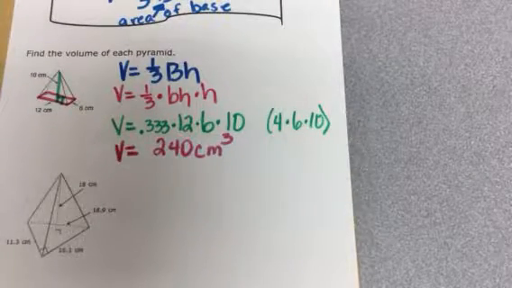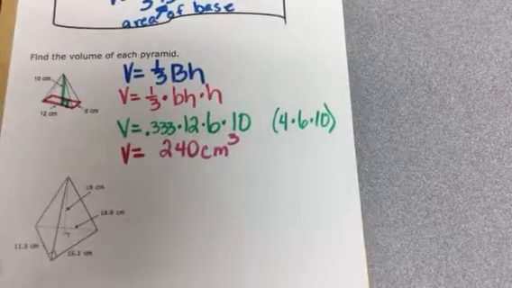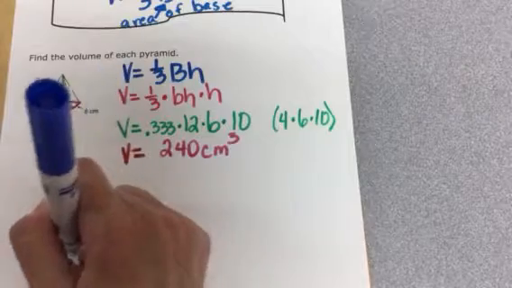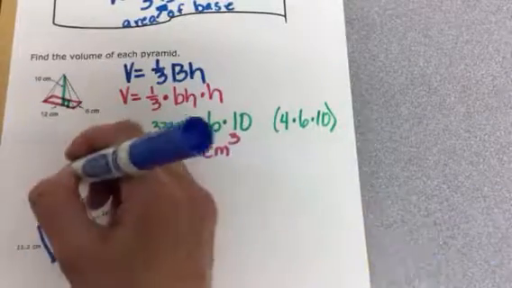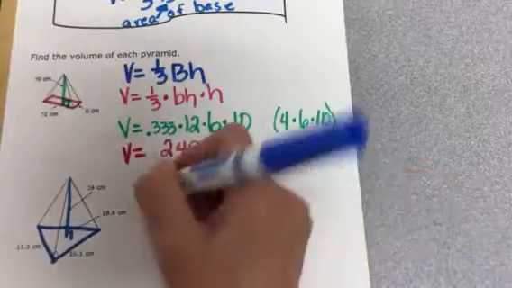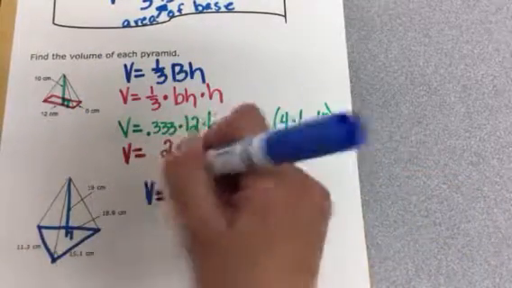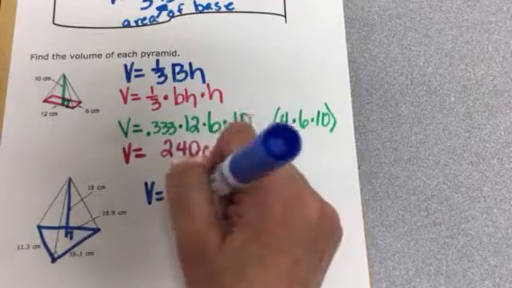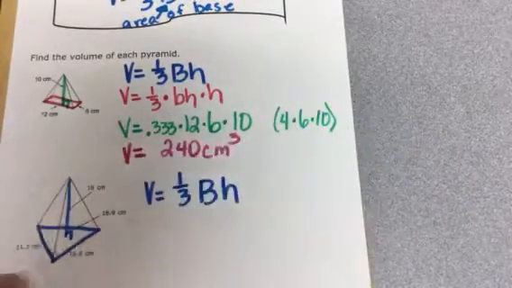Okay, so let's look at the last one here. Our base is in the shape of a triangle. And here is our height to the base. It's at a right angle to the base. So volume is equal to 1/3 area of the base times the height.